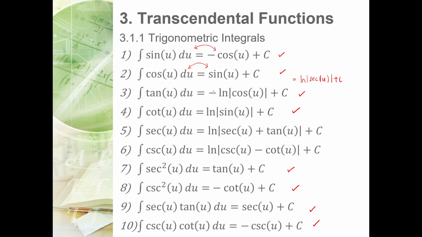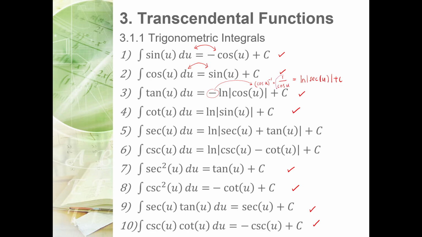If you look at the negative symbol here, as per the property of logarithms, this will be the exponent of the inside function of the logarithm. So this is the exponent of cosine u, and this becomes cosine u to the negative 1. We all know that if any expression is raised to the power of negative 1, it automatically goes to the denominator, right? So that's 1 all over cosine u.